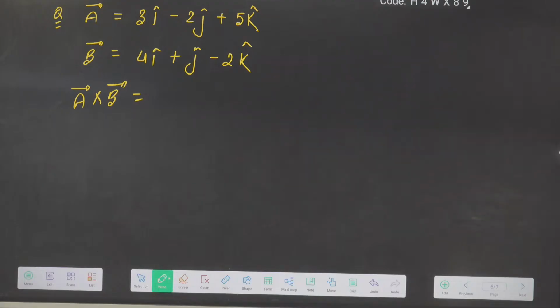Kavya, beta, add all the I, j and k terms. There will not be 6 terms.